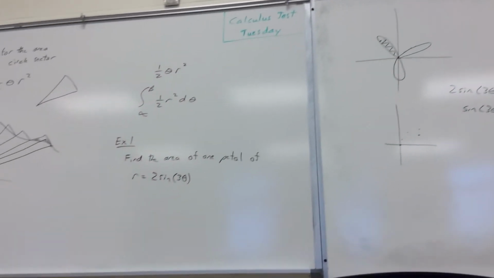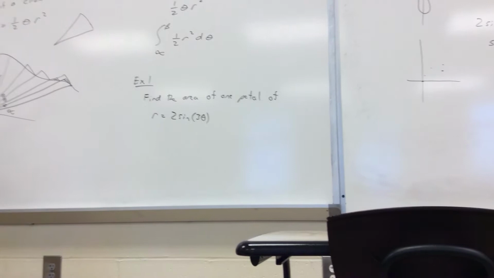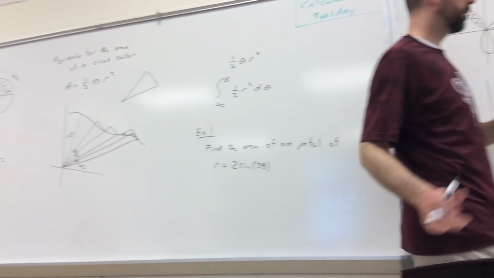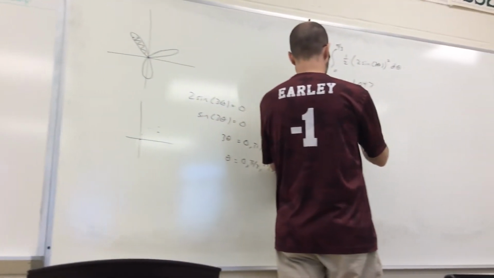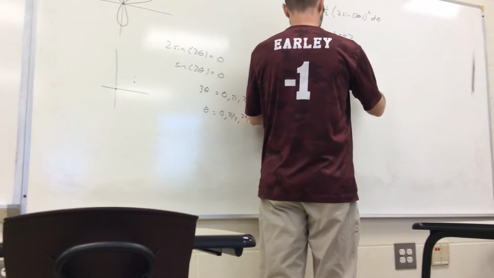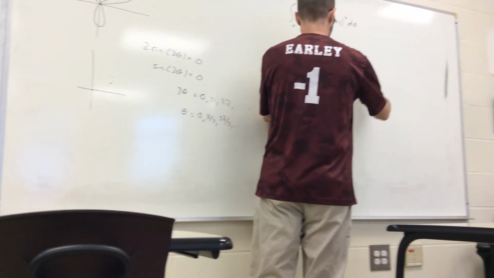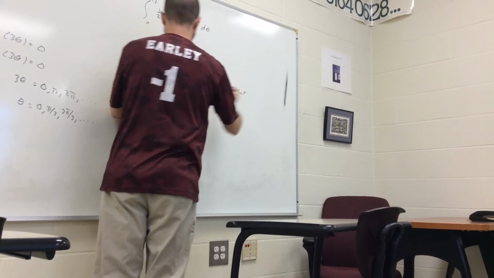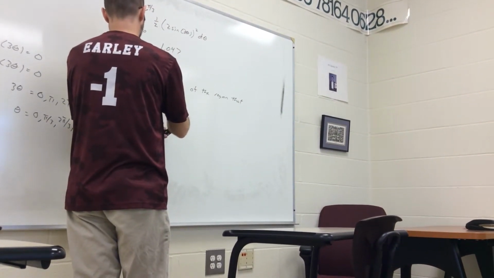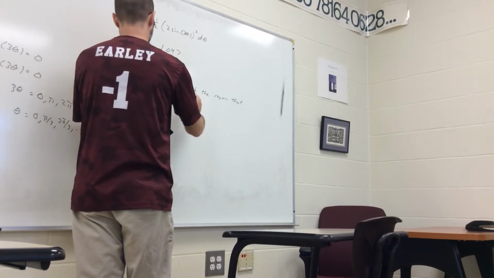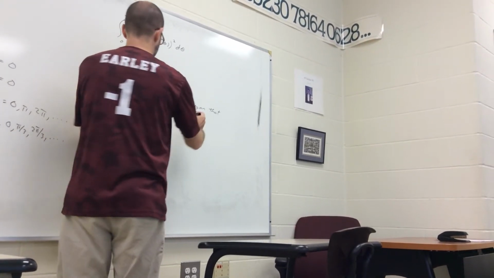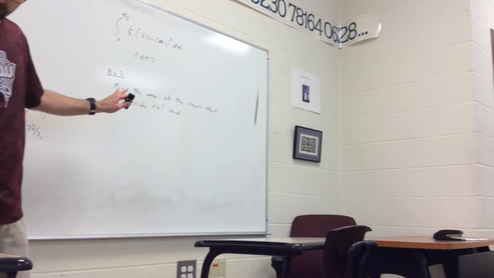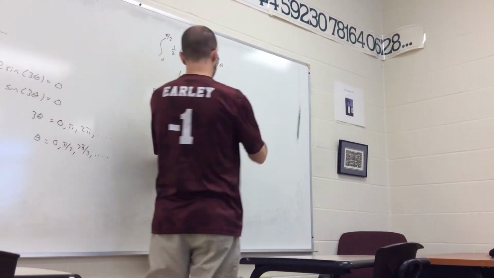Okay, next one is find the area of the region that lies inside r equals 1 and outside r equals 1 minus cosine theta.